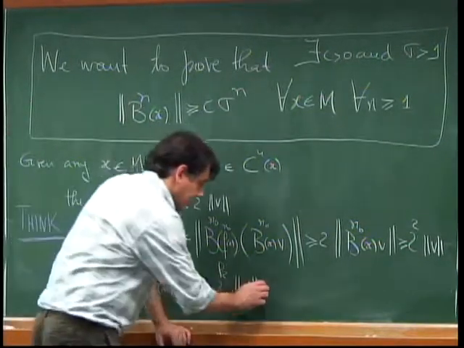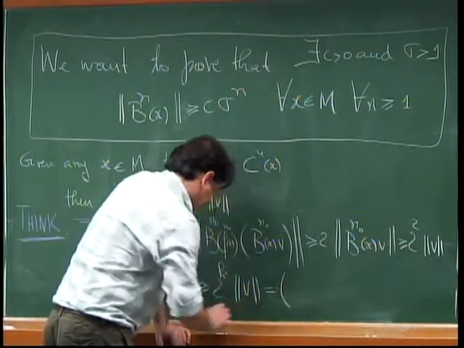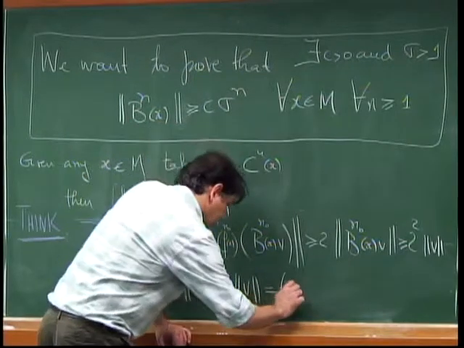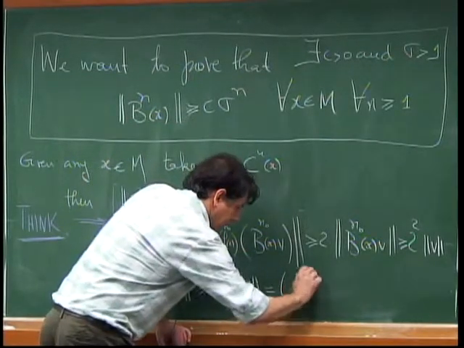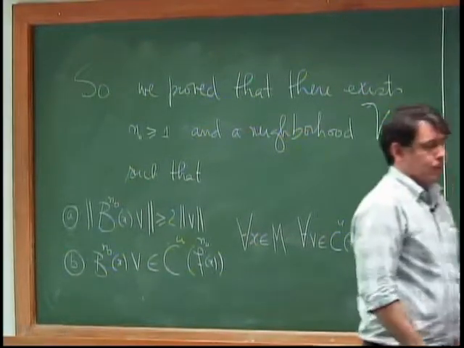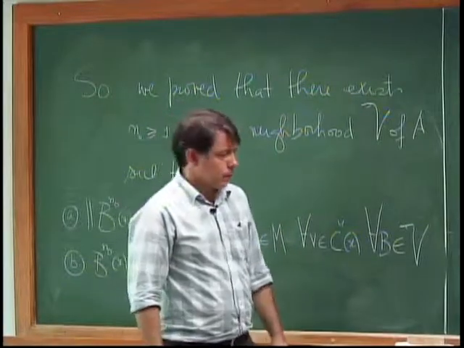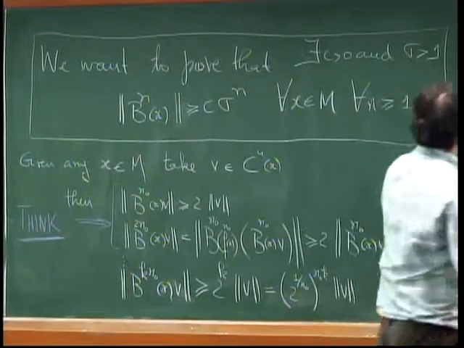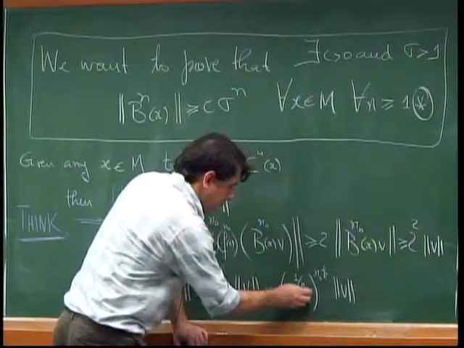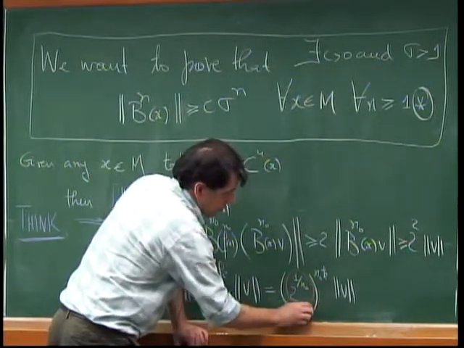Okay, but that's not a big deal. 2 to the k is also known as 2 to the 1 over n0, to the kn0. Okay, so this proves it, and the constant sigma that I was able to obtain was this one.